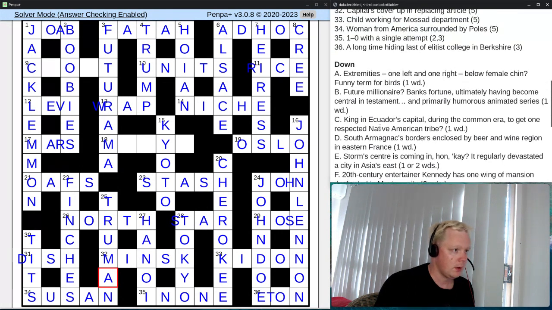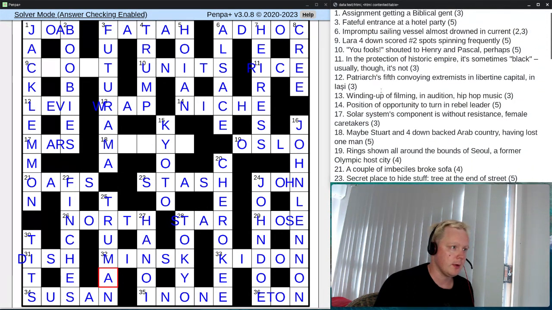So 9 first. So Lara Trump scored second spots or number 2 spots spinning frequently. So Trump here for this 2 down. So number 2 spots of these 2 words Trump scored would be RC.